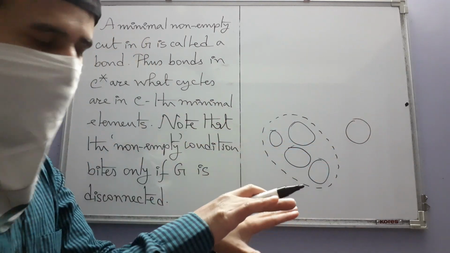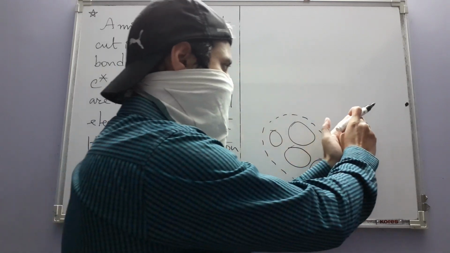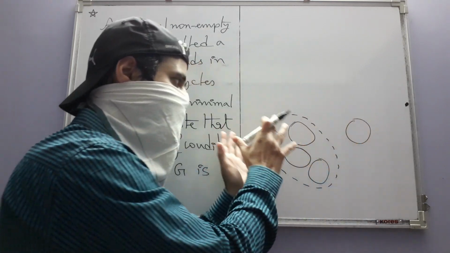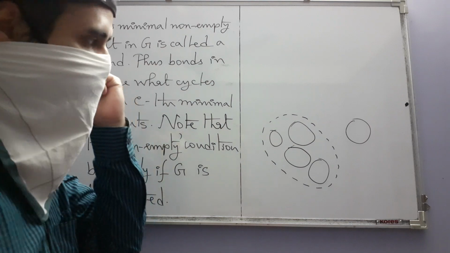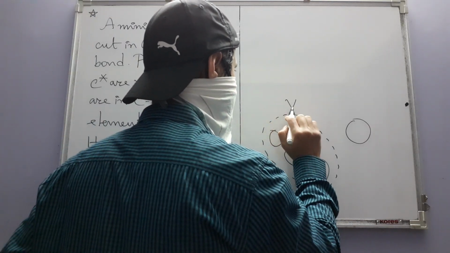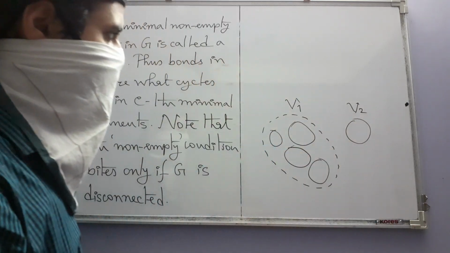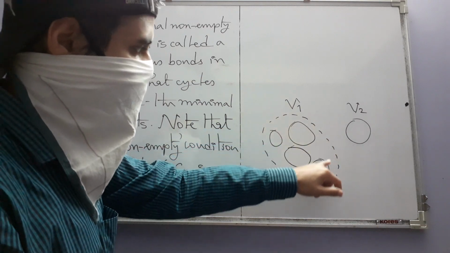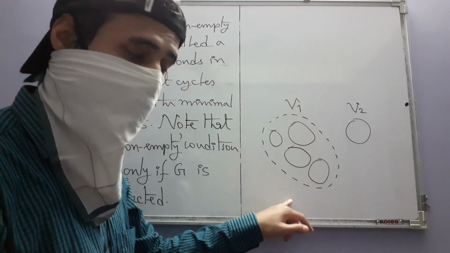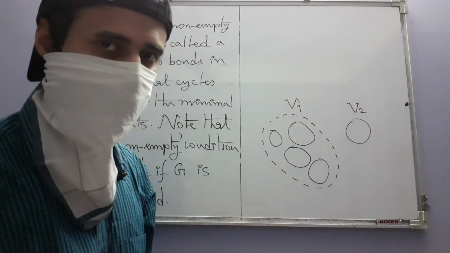Because the graph is disconnected, apart from one component, you will have something else in the graph. So you form this partition. Let V1 be the set of all the vertices present in this region, and V2 be the set of all the vertices present in this component.